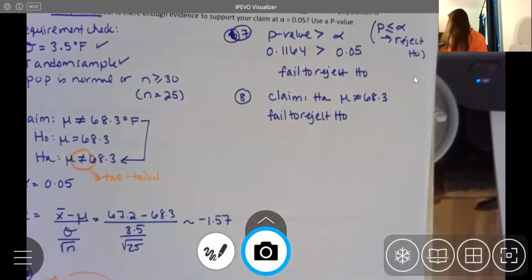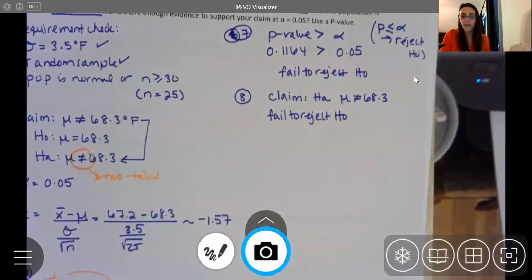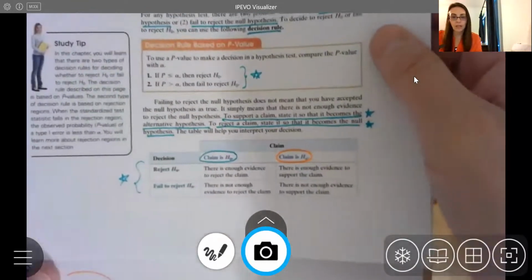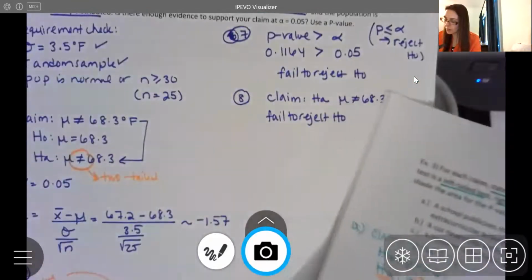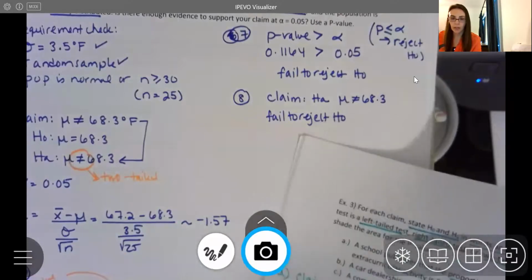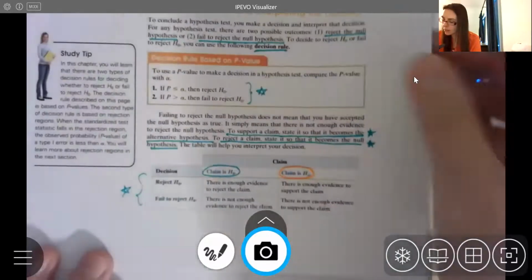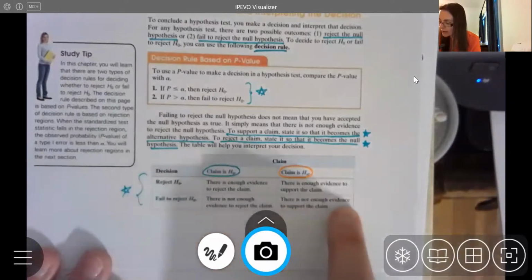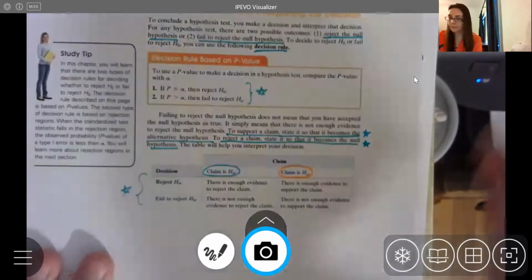If you're stuck, again, go back to that table in the last section. Right here, and you can use this to get you started. So here our claim is the alternative, and we're failing to reject the null. So there is not enough evidence to support the claim.